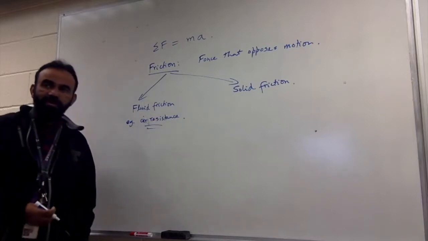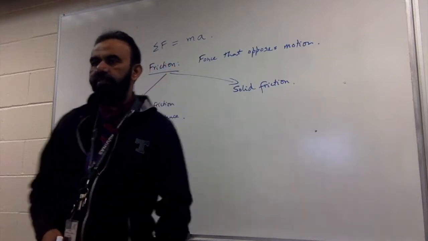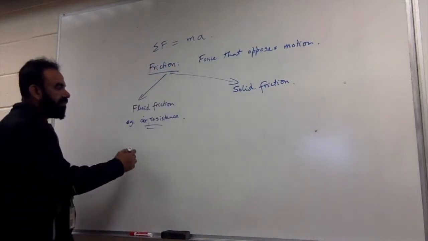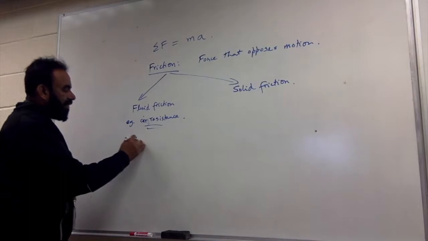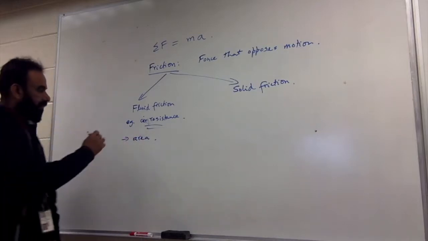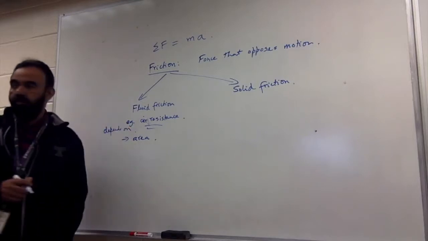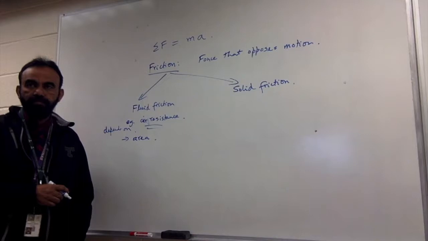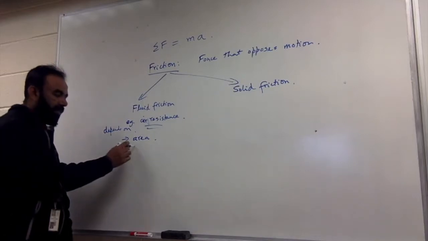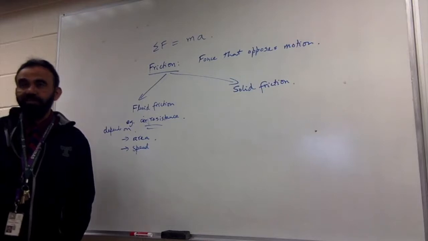What does air resistance depend on? Let's find out. The size of the object that the air is connected to, in other words, area. It depends on area. What else? It depends on speed. If you go faster, it's going to drag you more.